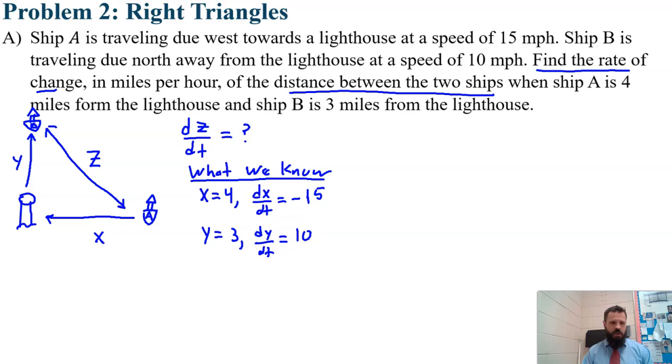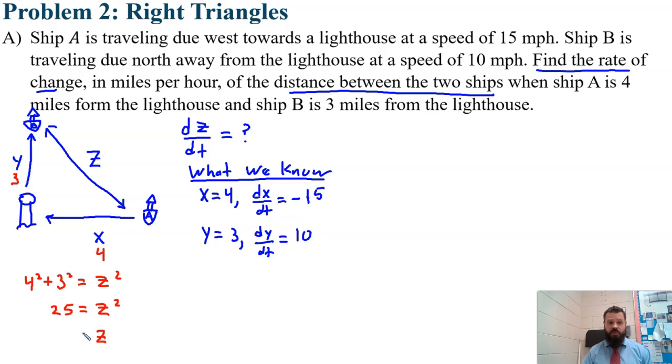Probably, though. So what I can do to find that z when x is equal to 4 and y is equal to 3 is we can just use the Pythagorean theorem. We can use 4 squared plus 3 squared is equal to z squared. So in other words, 16 plus 9 is 25. 25 is equal to z squared.